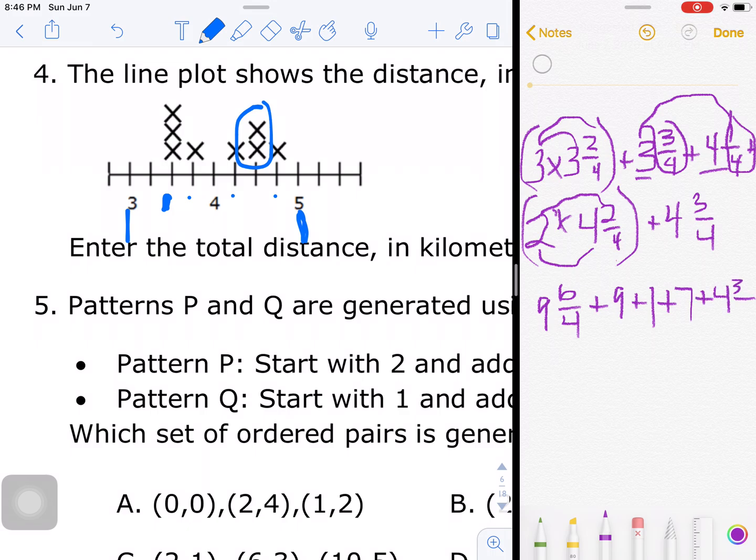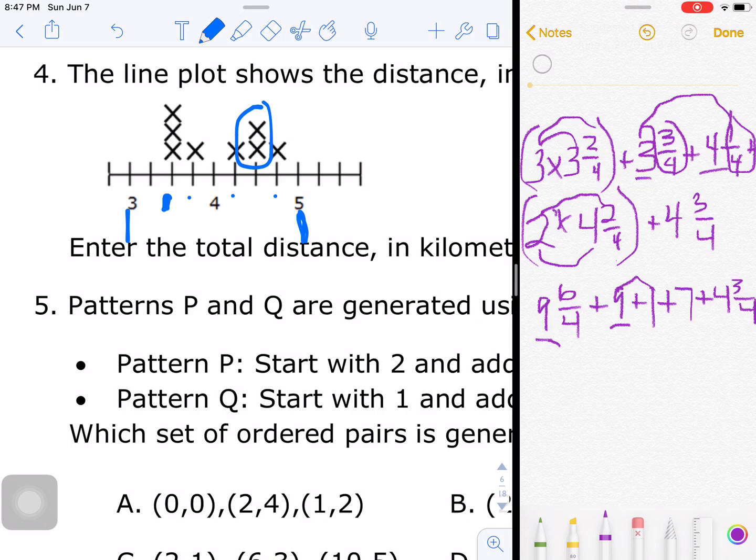So it really doesn't matter how you simplify it. I just look for things that go together. You may think of adding up all the whole numbers first and all the fractional parts, and you can do that. I'm going to, at this point, add my whole numbers. I see that that equals 10, right?